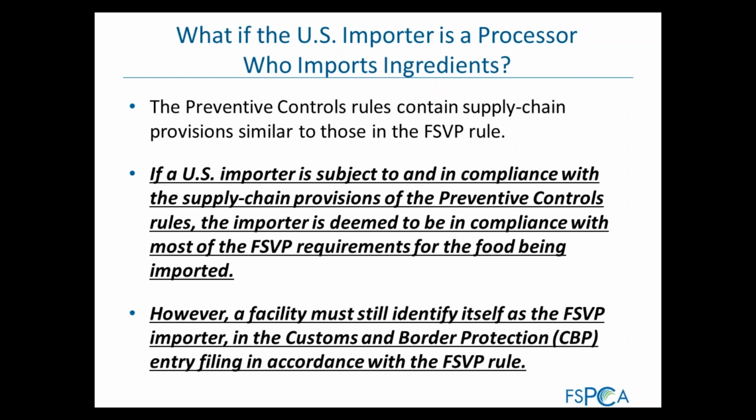So the only additional requirement that you would have in order to meet this rule would be to identify yourself as the FSVP importer in the Customs and Border Protection system, and that is done by supplying your DUNS number to Customs and Border Protection for entry into that system.